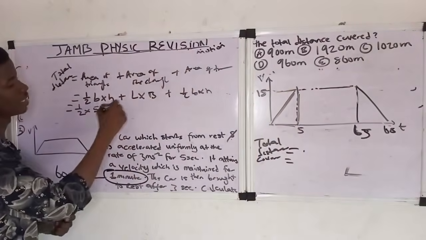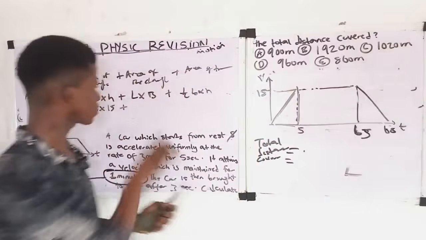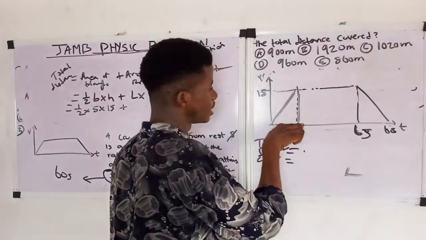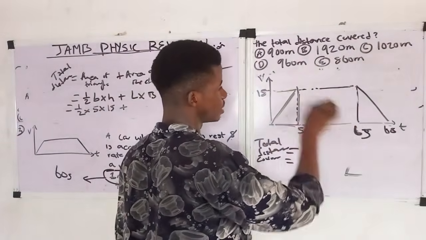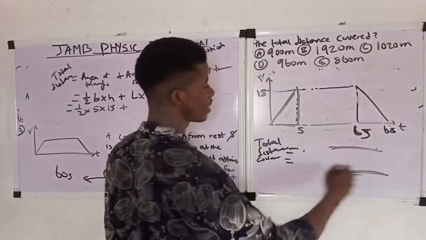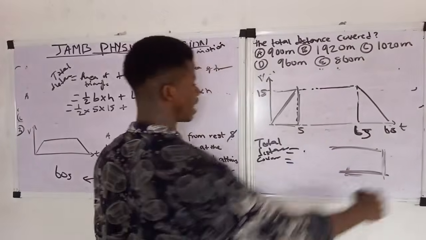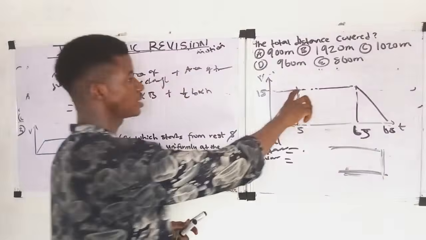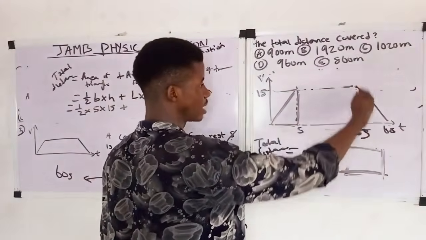So 15. Then plus, now length times breadth. This side is length and this side is breadth.